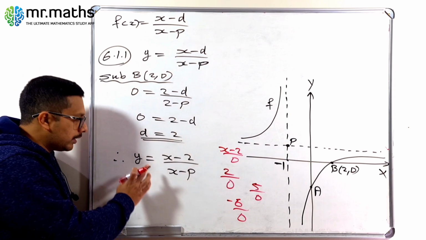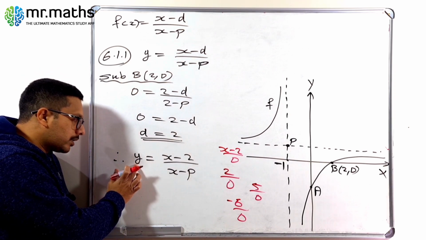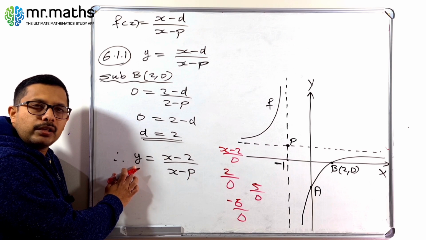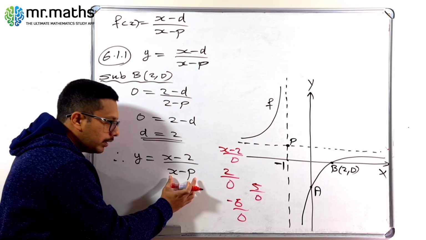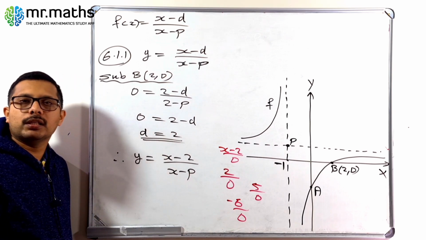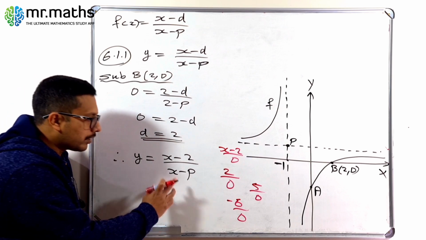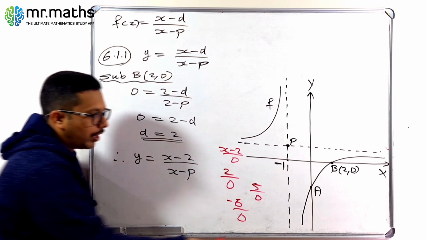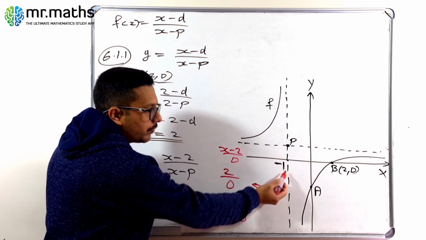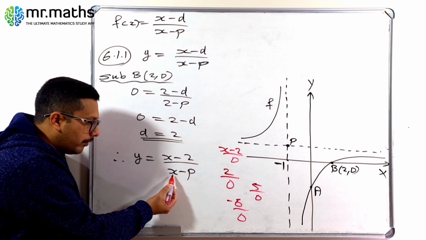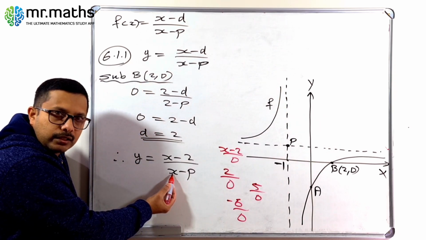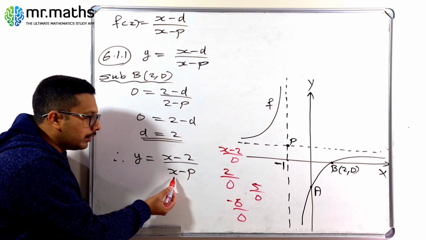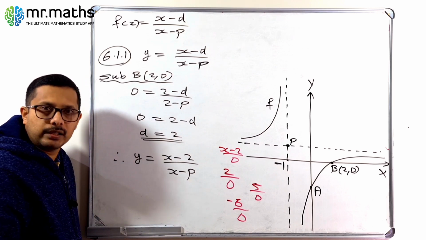So if this y value is undefined, this x minus p must be 0. And which value of x? -1. Am I right? When it is -1, it is undefined. That means when x is -1, this x minus p is 0.